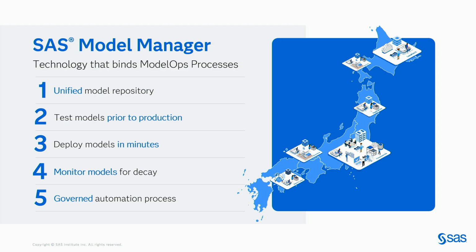Model Manager features a model repository where models can be developed by a variety of tools and come together where they can be compared, tested, managed, deployed to a wide variety of different environments, as well as monitored over time. We do have our model cards available in SAS Model Manager, and our model cards do offer a nutrition health label for your model so that you can understand how your model is performing and make better decisions about usage of that model.